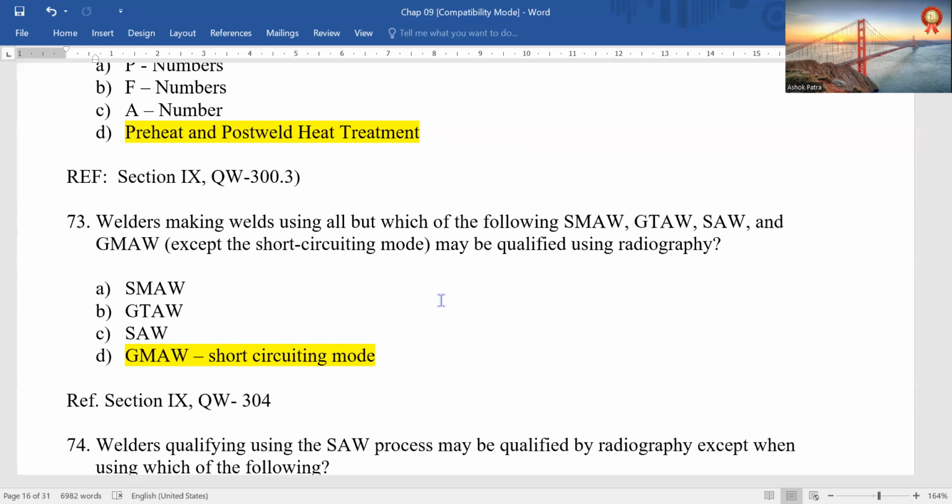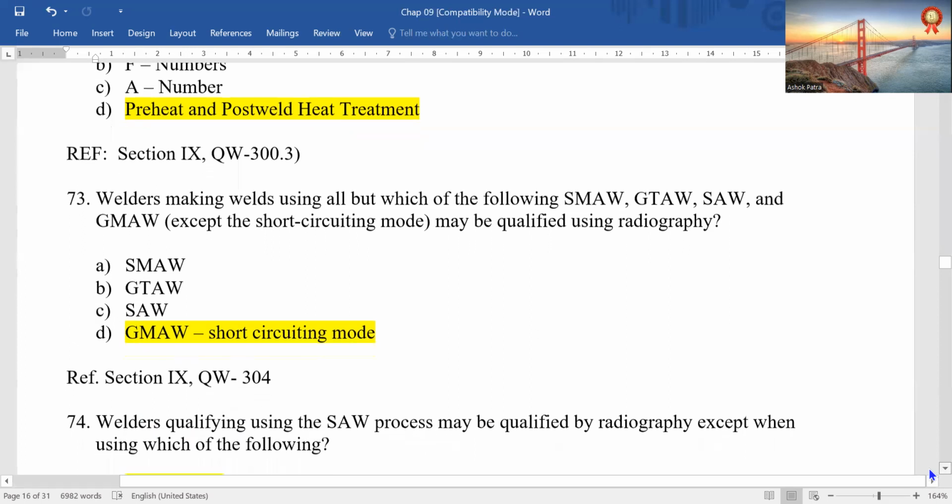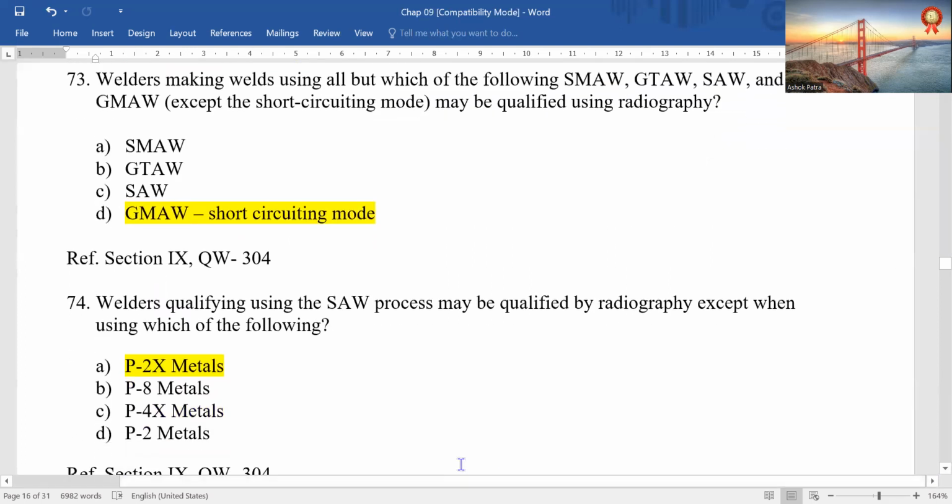So you cannot qualify using radiography by GMAW short circuiting mode. Welders qualifying using the SAW process may be qualified by radiography except when P2X material.